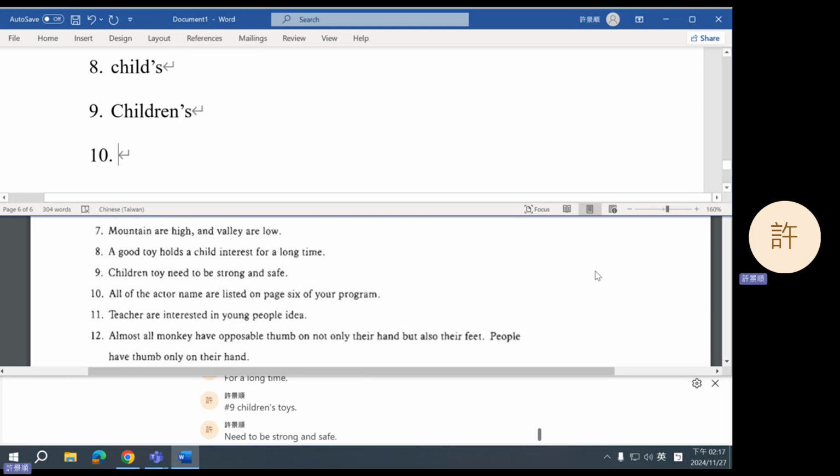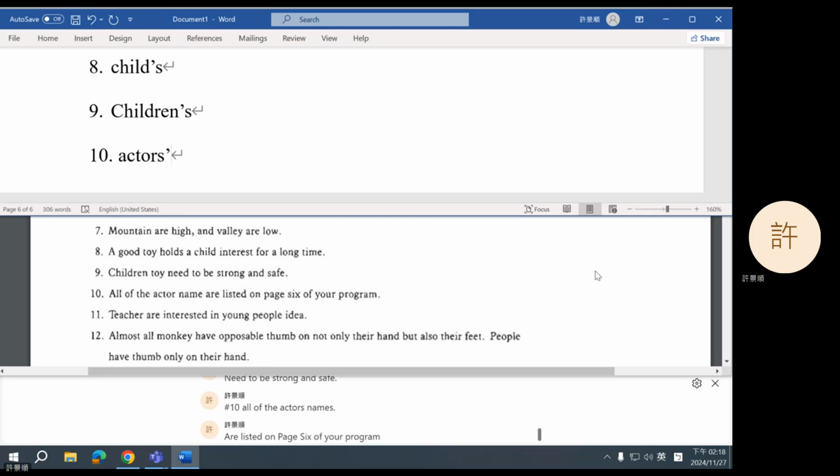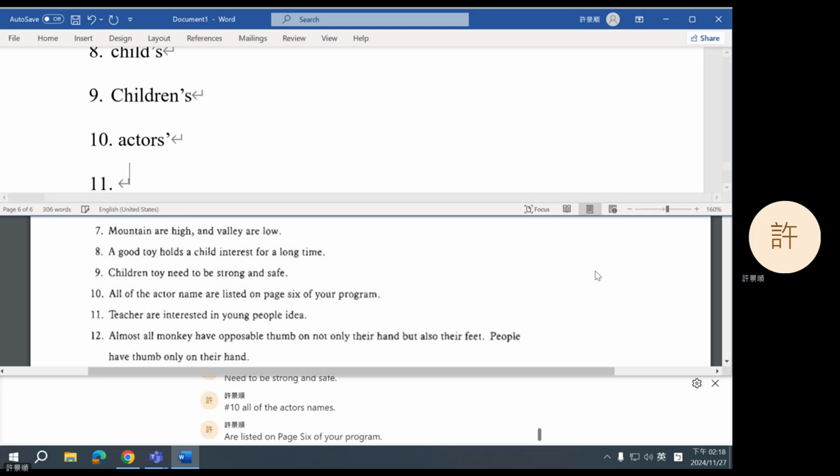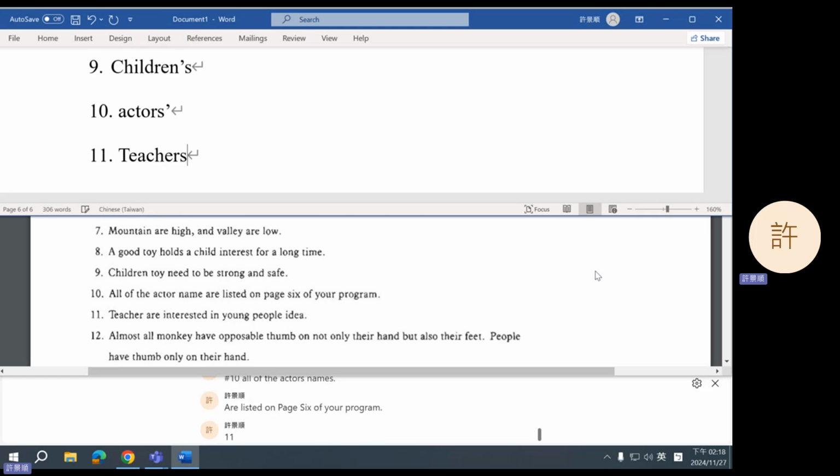Number 10, all of the actors' names are listed on page 6 of your program. 11, teachers are interested in young people's ideas.